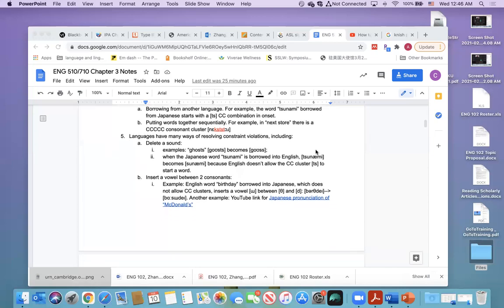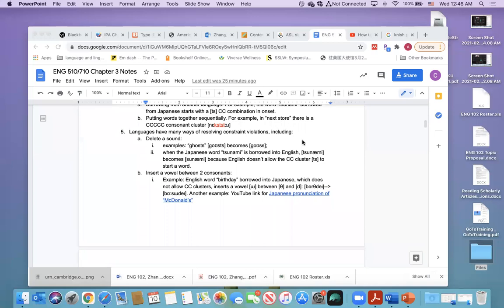Okay? And languages have many ways to resolve constraint violations. For example, ghosts, sts becomes ghosts.